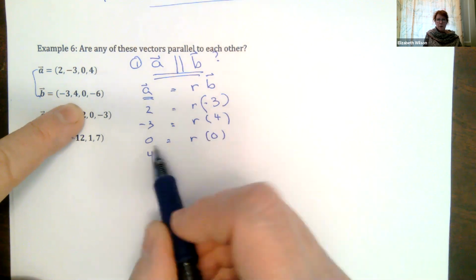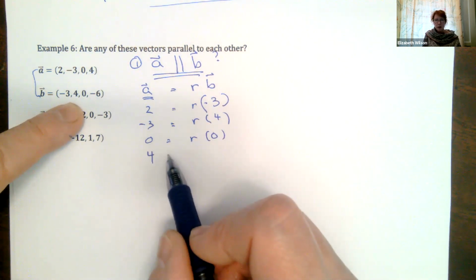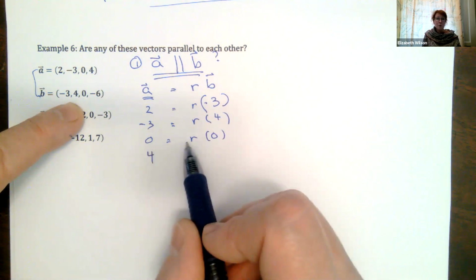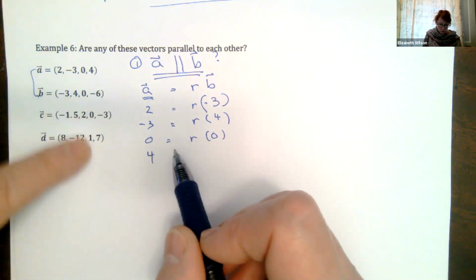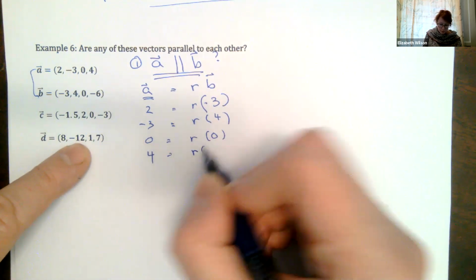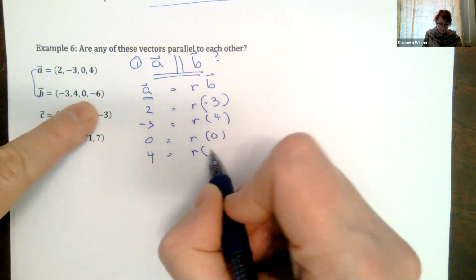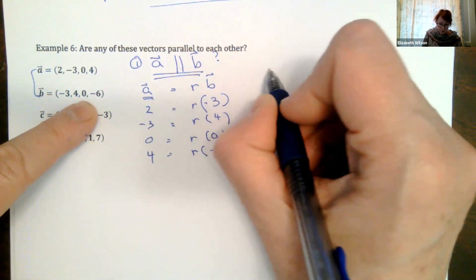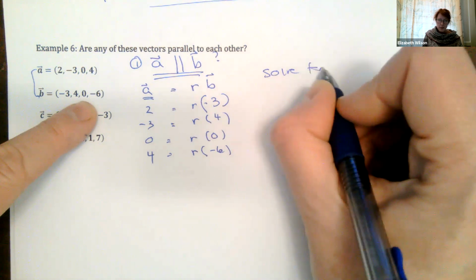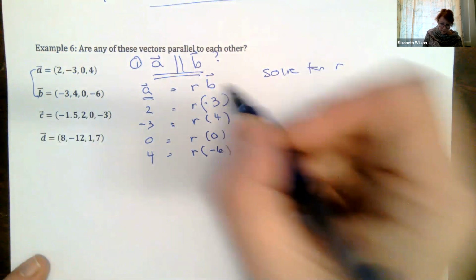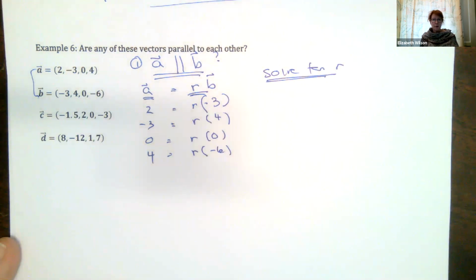It's good that we have 0 in the same place, because if this was 0 equals R times 1, then we would know that wasn't going to be true. And R times -6. So now I need to solve for R and then check to see if they're the same or not.